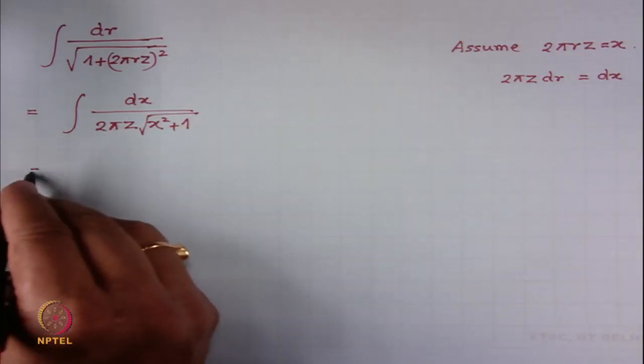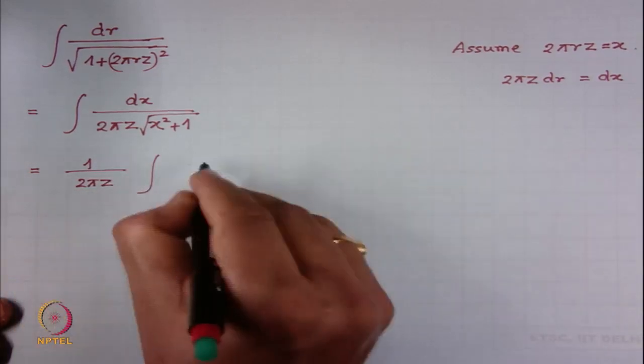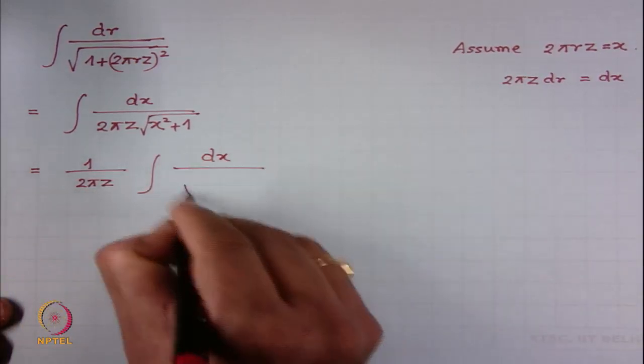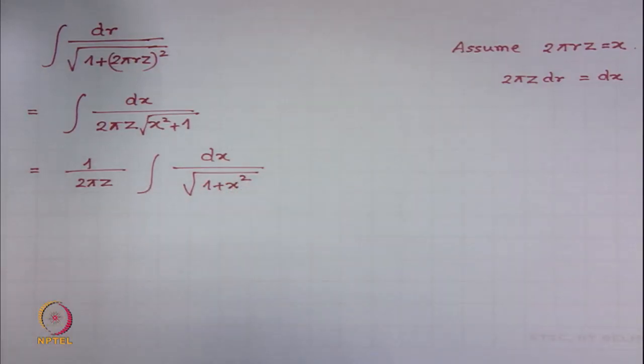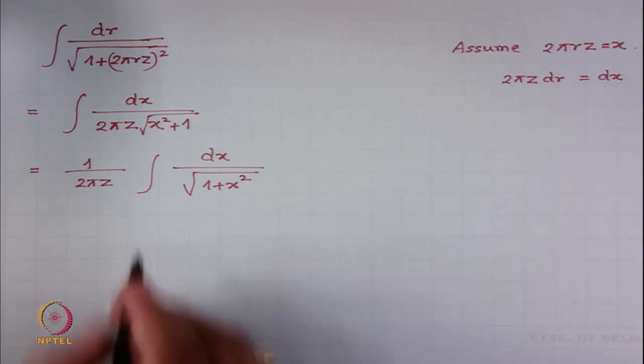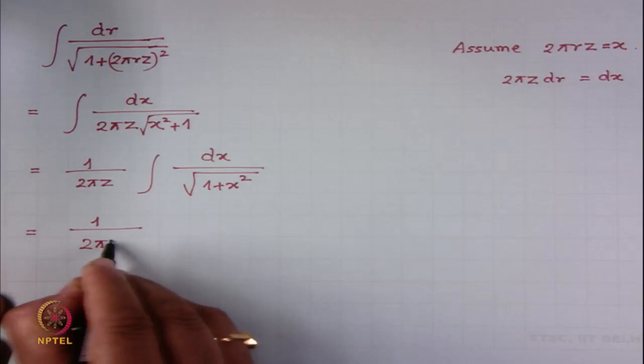So, 1 by 2 pi z is a constant, it can come out of the integral. This we write in a little different manner.